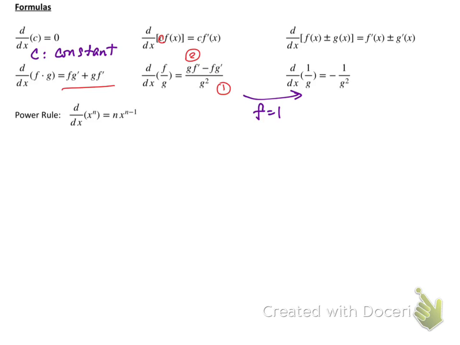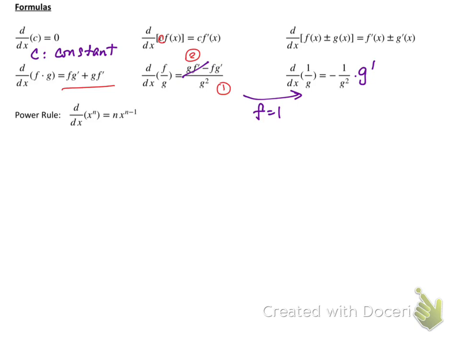So when you have a constant function, what happens? f prime equals 0. So this whole thing is gone. And f is 1, right? So you get, sorry, I missed g prime. Somewhere you have to have the g prime. Okay, so that's the formulas.